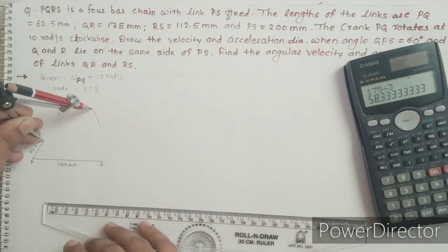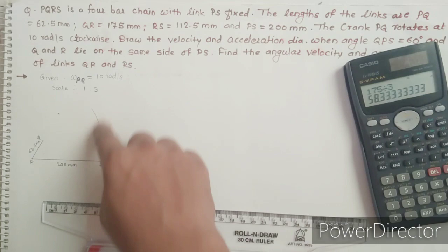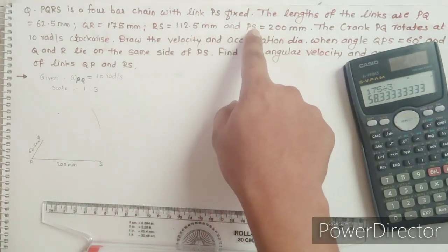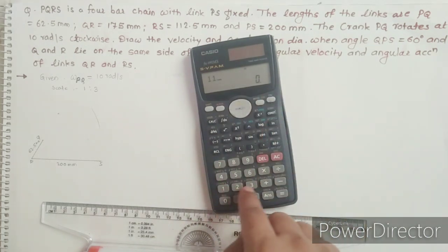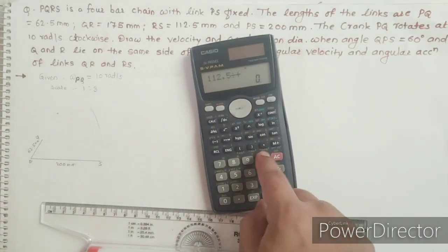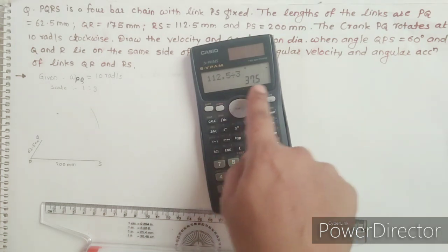Then next is RS, 112.5 divided by 3, which is 37.5, that is 3.8 centimeter.